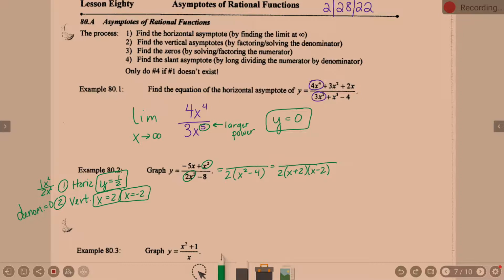Let's see, what is 3? Zeros? What are your thoughts on zeros? Well, yeah, factor. Okay, so if we factor on top, there's a GCF of x.